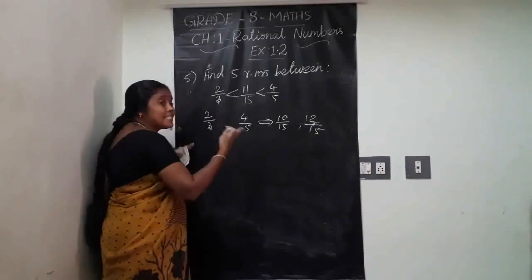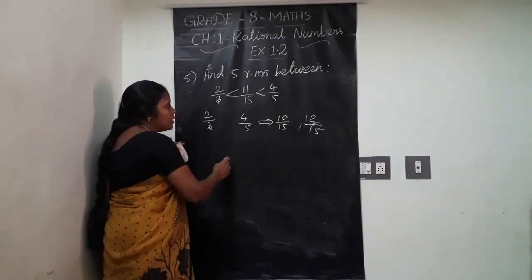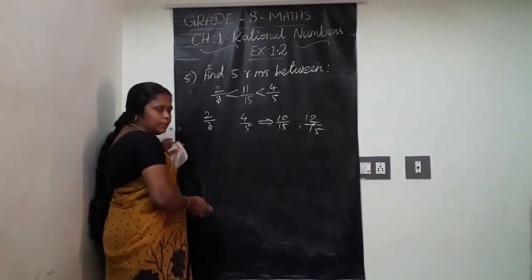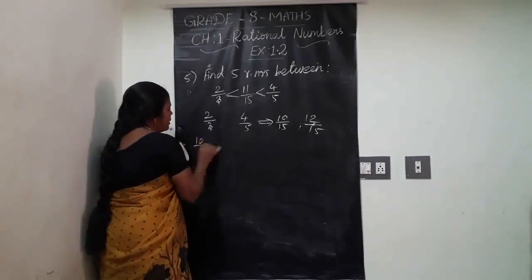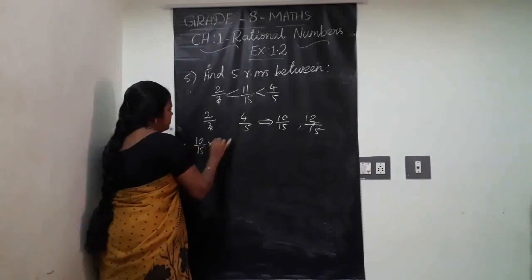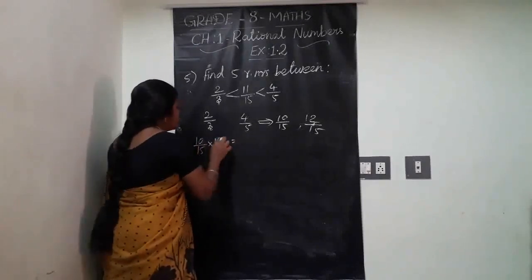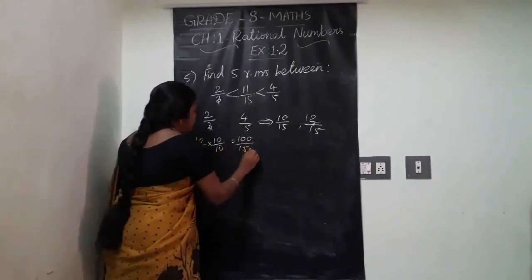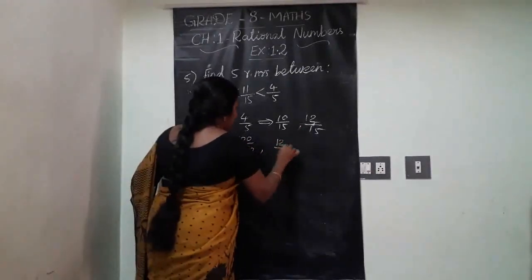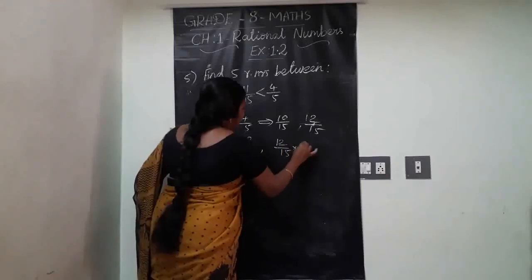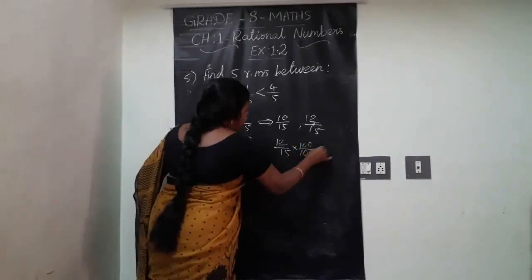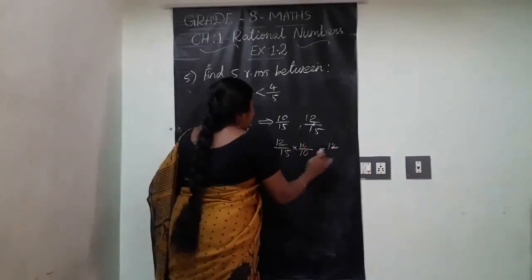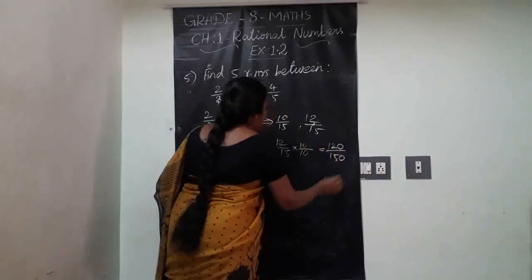So I am going to extend that. By which way? By 2 by 2, by 3 by 3, by any common number I can multiply. Here I am taking 10 by 10. So 10 tens are 100, by 15 tens are 150. Like that, 12 by 15 can be written by multiplying by 10 by 10: 120 by 150.